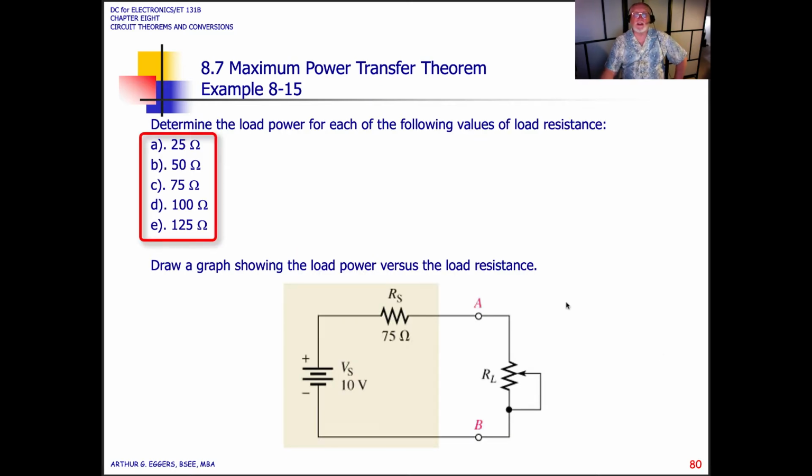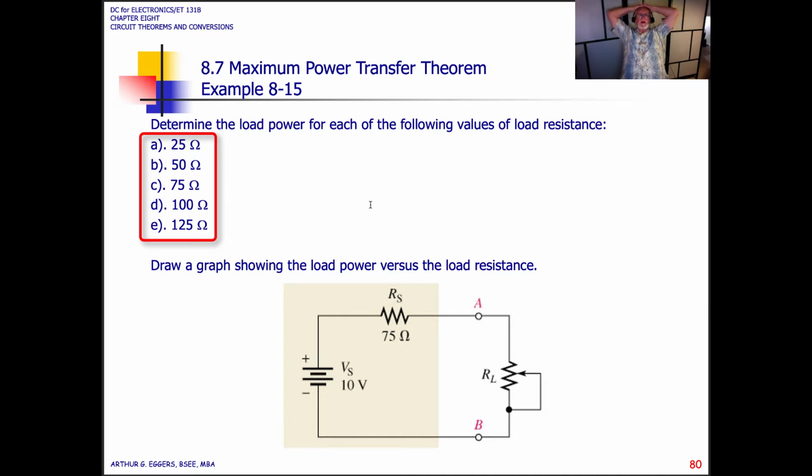So let's look at an example here. We've got a circuit with a 10 volt source and an internal resistance of 75 ohms, and we're going to change the load resistance to 25, 50, 75, 100, and 125, and see where we get the maximum power transferred.